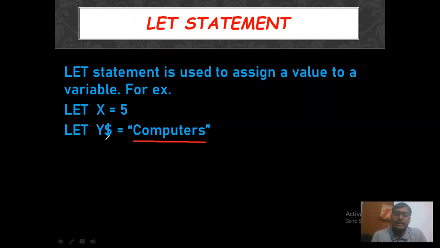You have to use the dollar sign. So you write LET y$ = "computers" under double quotation marks. You can assign any word or group of words under double quotation marks. You can take any variable, but you have to add a dollar sign for assigning a string value.